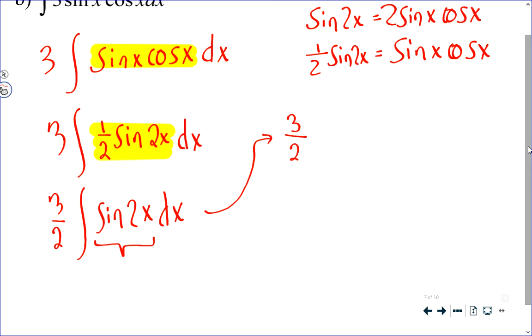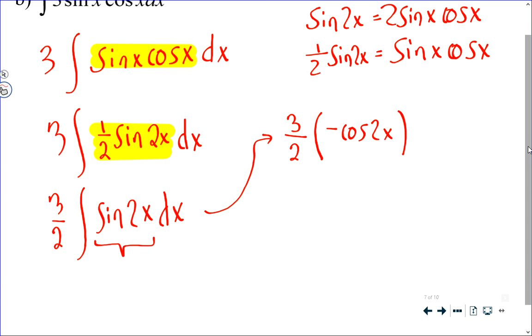And I say, what do I differentiate to get sine of 2x? Well, I have to differentiate negative cosine of 2x to get sine of 2x. And the reason is that the derivative of cosine gives you negative sine. That means I have to differentiate negative cosine to get positive sine.